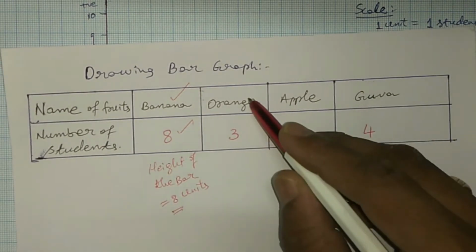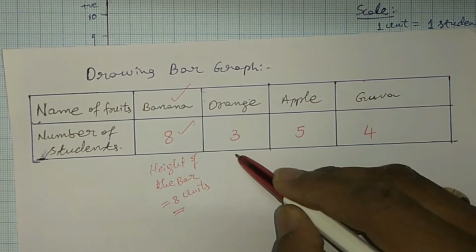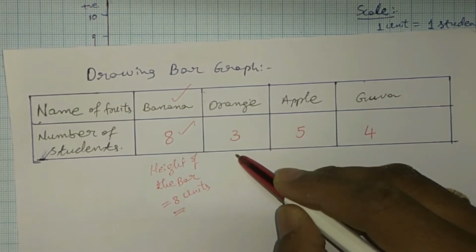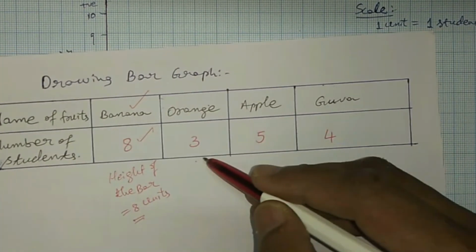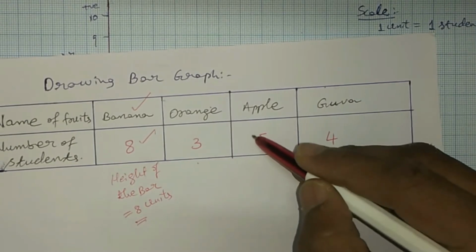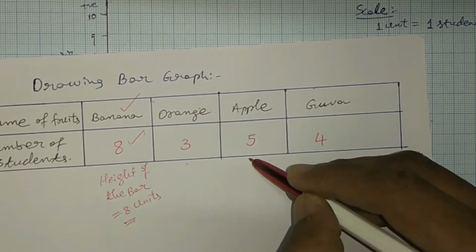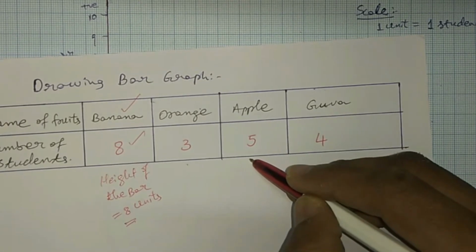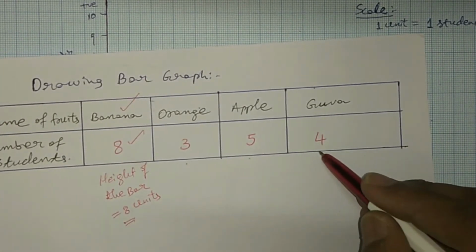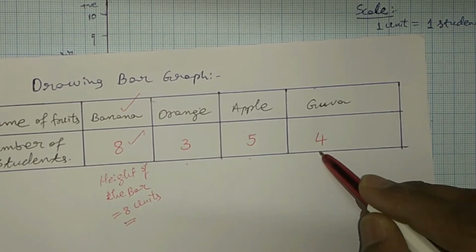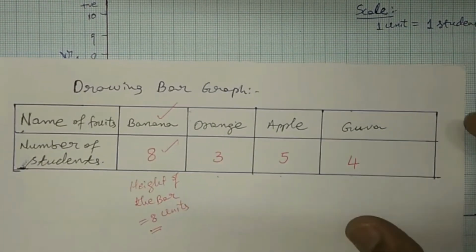Similarly, to show orange, we will take the height of the bar representing orange as 3 units. To represent apple, we will take the height of apple as 5 units, since 5 students like apple. Same is the case with guava: since 4 students like guava, we will consider the height of the guava bar as 4 units.